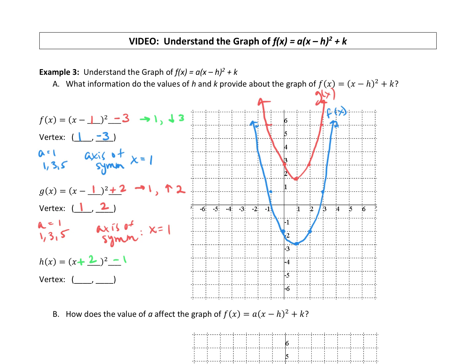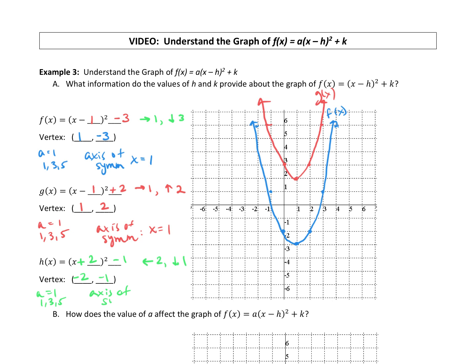All right, so our translations, if we have x plus 2, that means we would shift opposite, tricky, so to the left 2. That minus 1 on the end, we're going to go down 1. So our vertex is going to be at negative 2, negative 1. Our a value is still 1, giving us a 1, 3, 5 pattern for graphing.